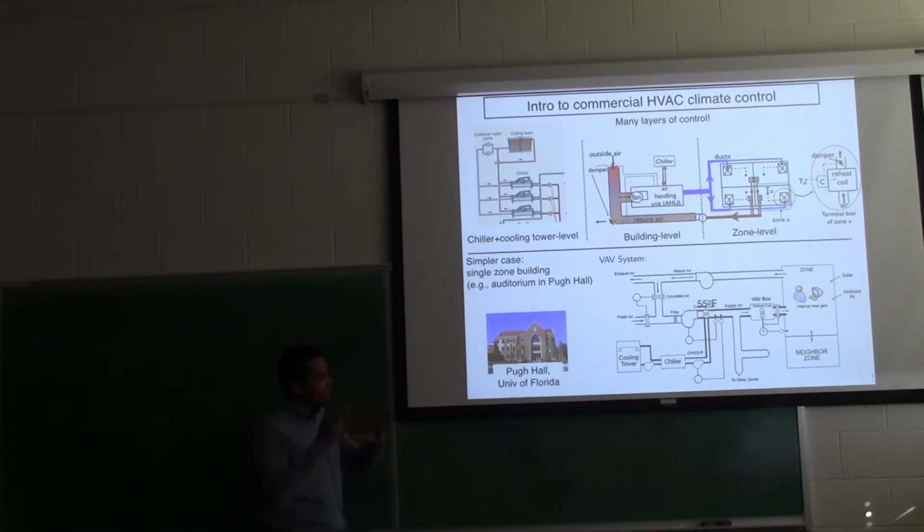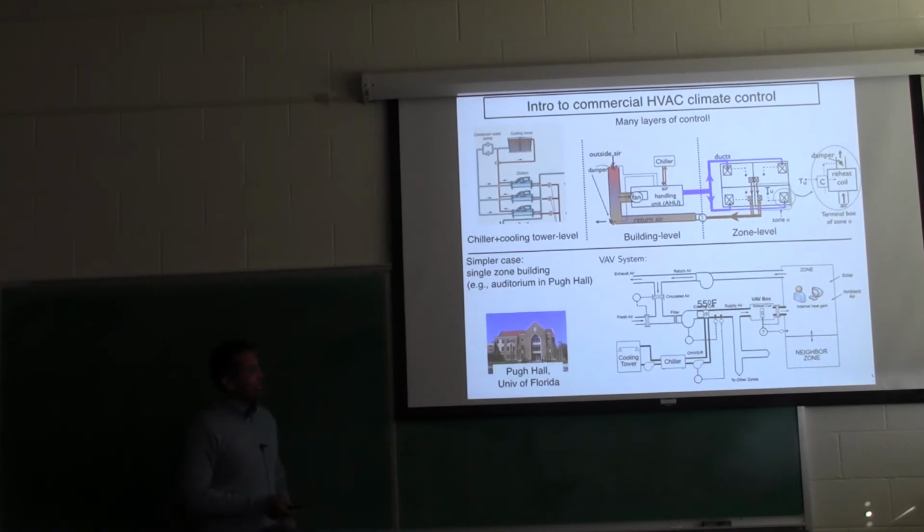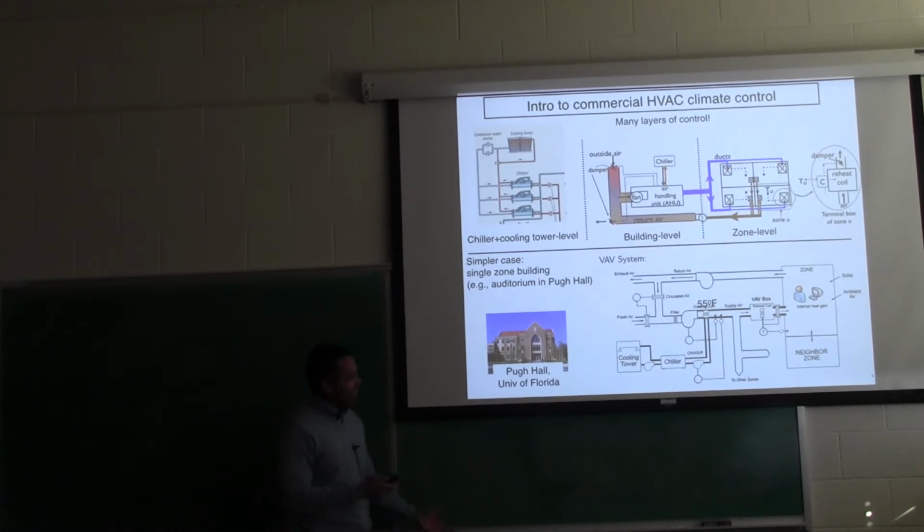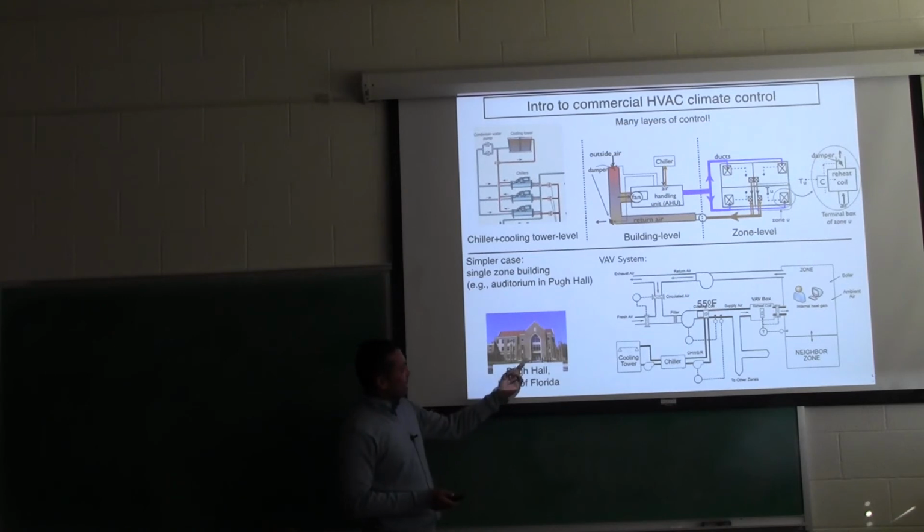So we said, okay, let's start with something really simple. Let's think of a building with only one zone, like a building with one room. Well, where do you find such a building? Do they even exist? Luckily, there is actually one building in campus where you have a system like that, Pew Hall, University of Florida. This building has 3 air handling units, and if you walk into this building, which is somewhere over there, I think.